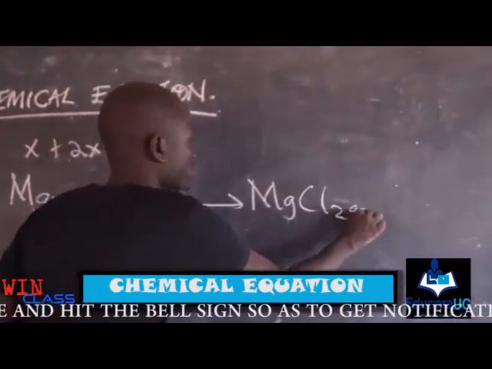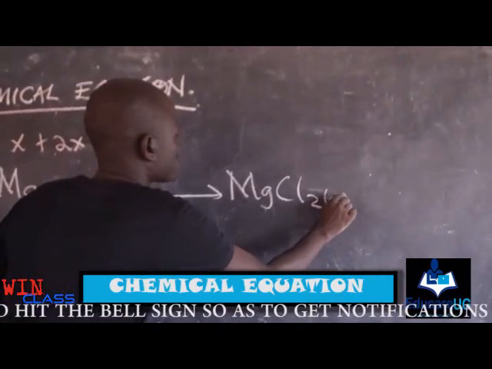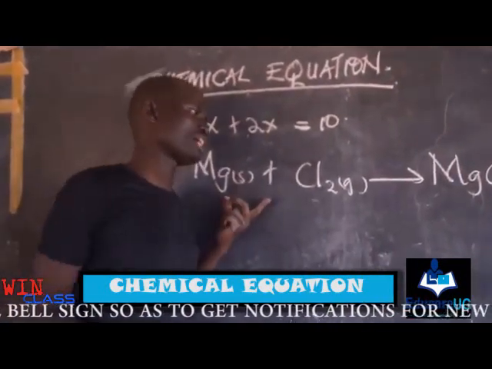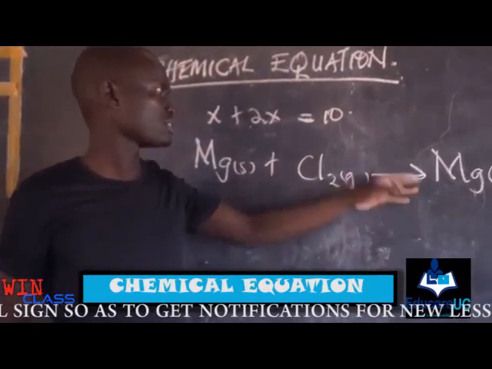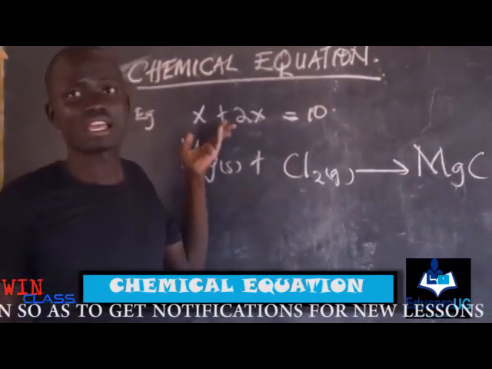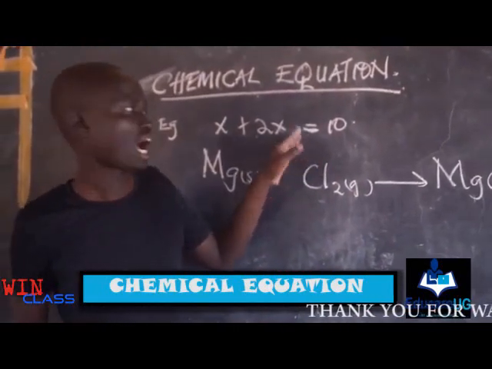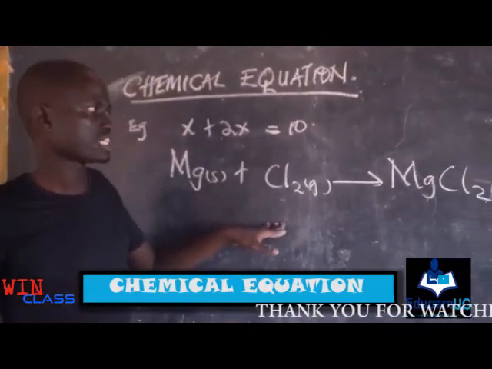So all of them are equations, but the difference is this one involves reactions of elements to form a compound, whereas this is just involving addition or subtraction so that we can have an equal sign there. So that is the difference.